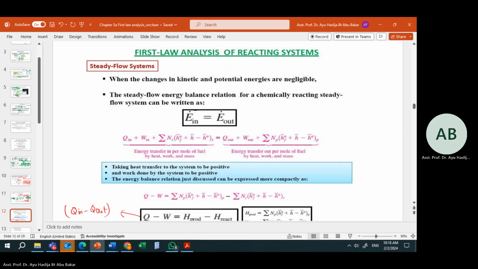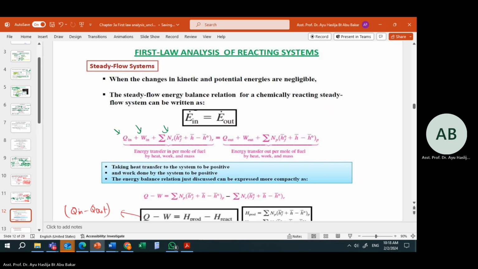Okay. Okay, now we go for a steady flow system where energy in equals to energy out. Okay, energy in refers to everything enters the system. You have the Q, the work, and then this one is the enthalpy of the reactant.